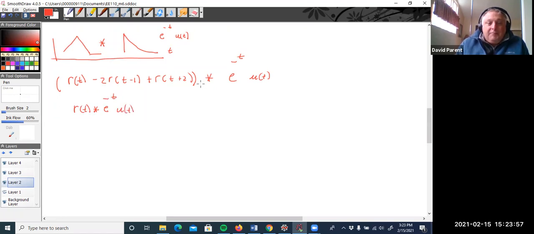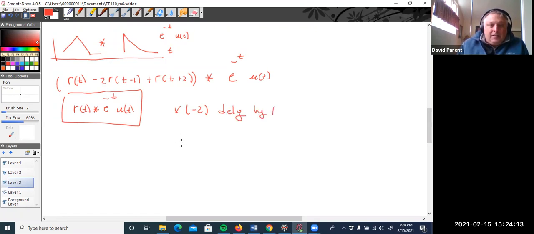I might have 3 of them, but all I have to do is find this convolution and then multiply by -2, delay by 1, and then multiply by 1 and delay by 2. So I can kind of easily come up with the equation.